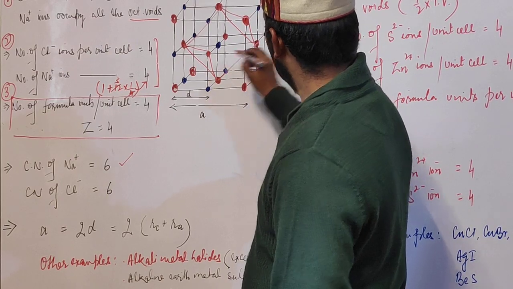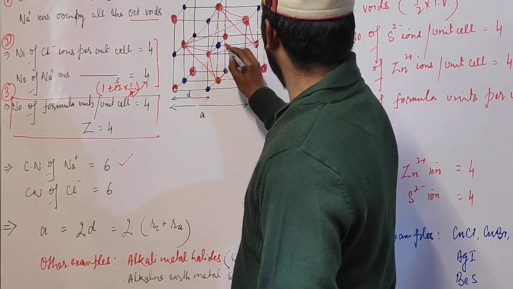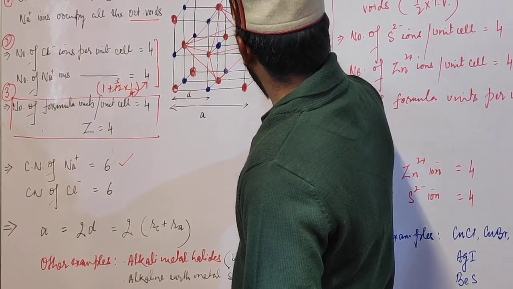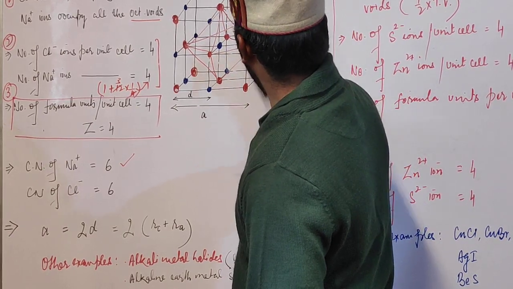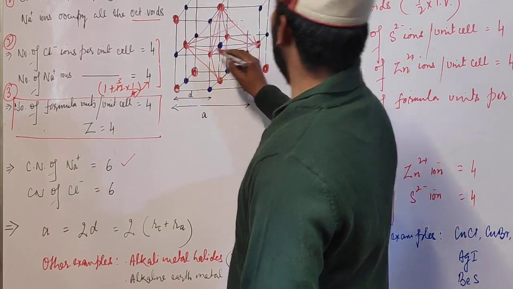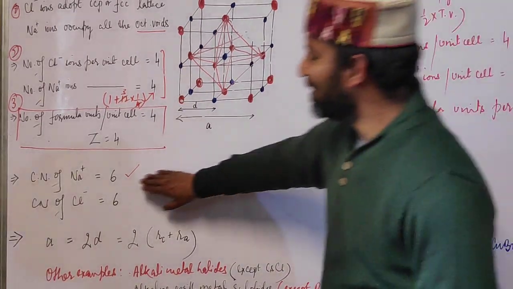The relative arrangement of chloride ions around this sodium is octahedral. So this is a perfect octahedral. So that is why we say the coordination number of sodium ion is 6.